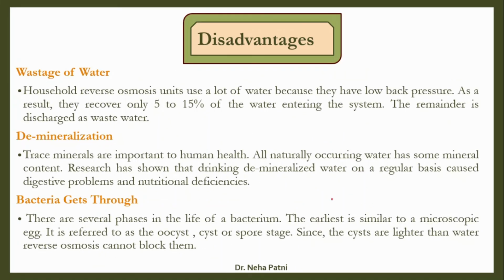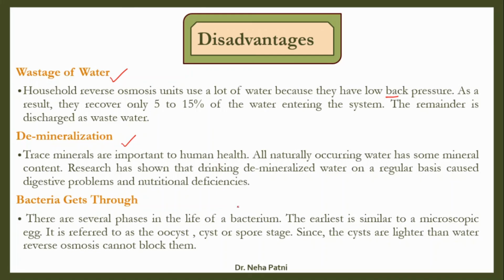But if you go to disadvantages, what I found basically is wastage of water, because yes, it does waste 70-80% of the water. Anyhow, you can utilize that water later on for some other purposes, but just because of the lack of that pressure range, it results in wastage of water. Then demineralization, as I said, there are trace minerals which are important for human health and which are also removed from the water.